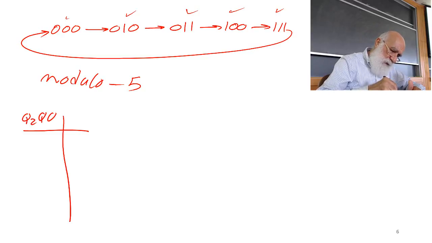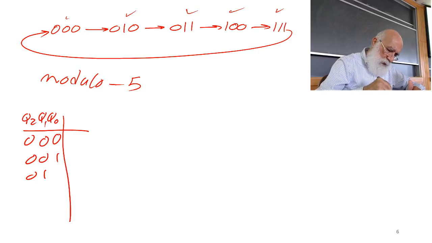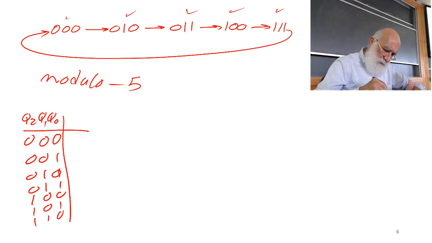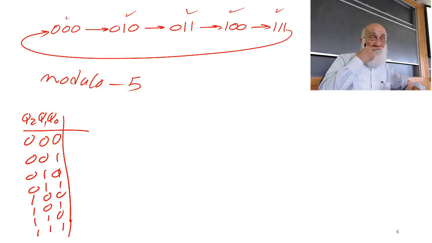Q2, Q1, Q0: 0 0 0, 0 0 1, 0 1 0, 0 1 1, 1 0 0, 1 0 1, 1 1 0, and 1 1 1. Okay?